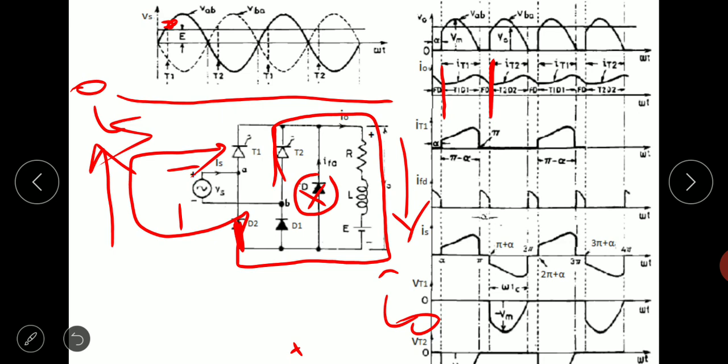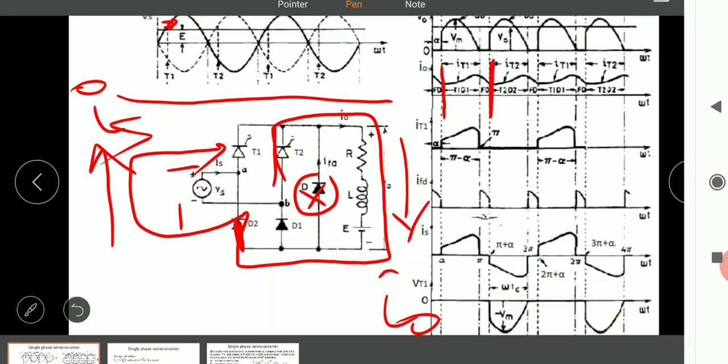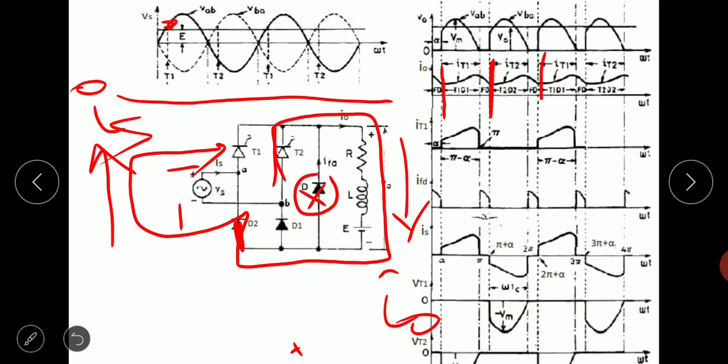The direction of load current is not reversing. So whether it is positive half cycle or negative half cycle, the load current will be positive only. Exactly the same as the first half cycle, the load current will be in the second half cycle as well.